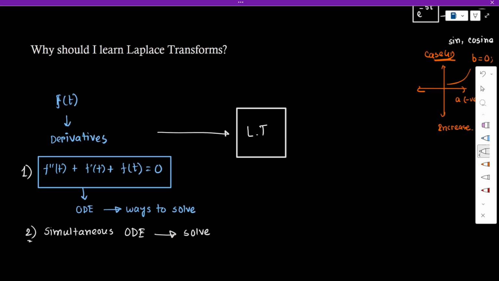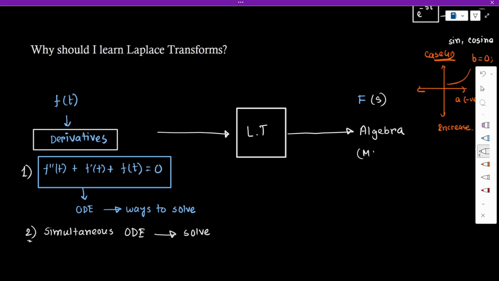we can take the time domain function and convert it into the frequency domain. We can convert it into the frequency domain if we take derivatives inside the machine of the Laplace transform. The derivative becomes simply algebra, and that is one of the major advantages of using a tool like the Laplace transform.